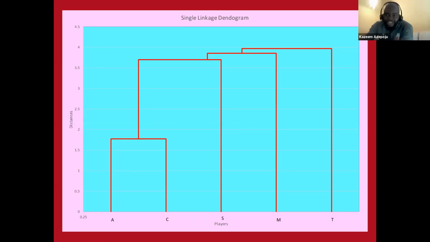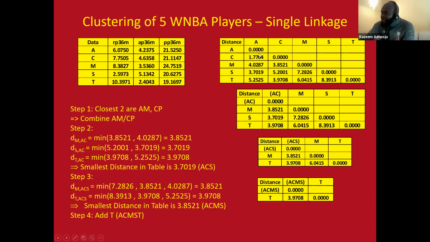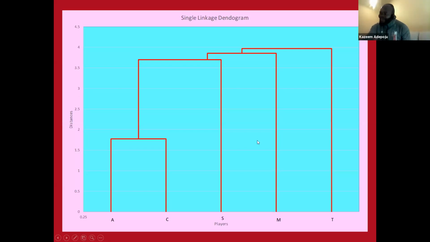We are using the merge minimum. For AC, this is the minimum. For ACS, this was the minimum. For ACMS, this was the minimum. I think you see that now. So that was what we sketched right here.